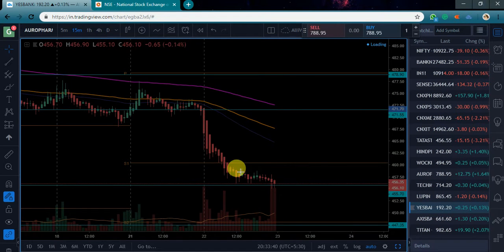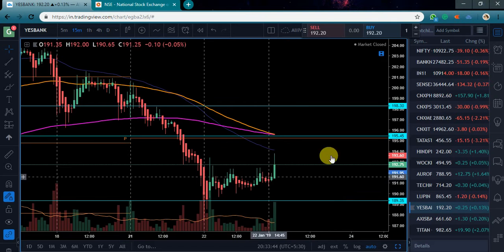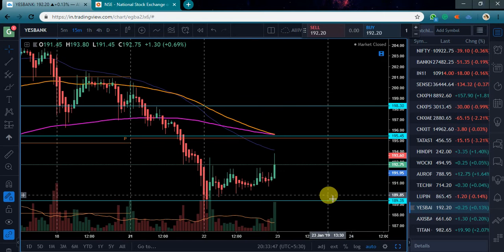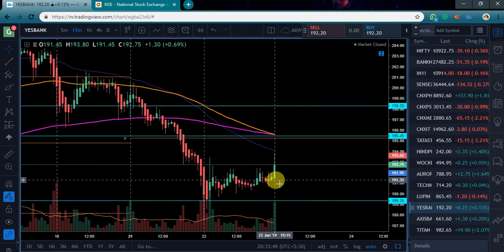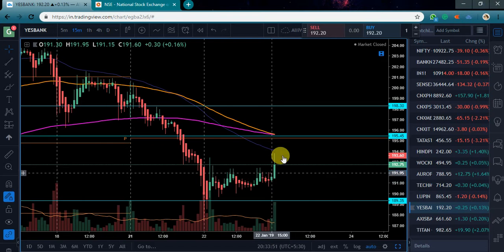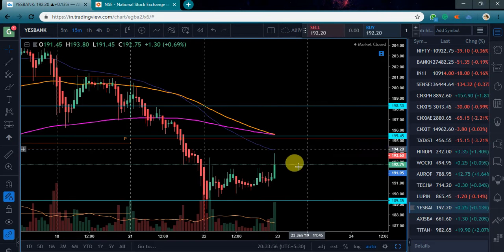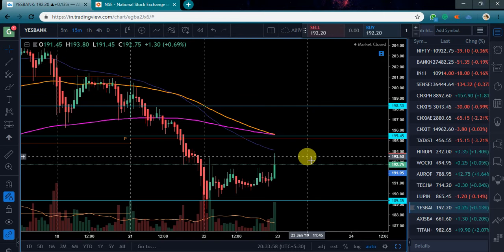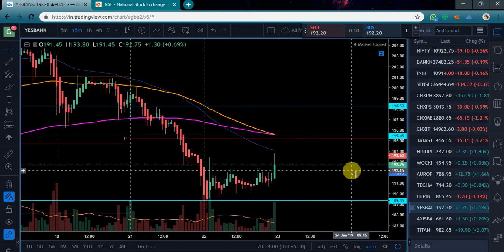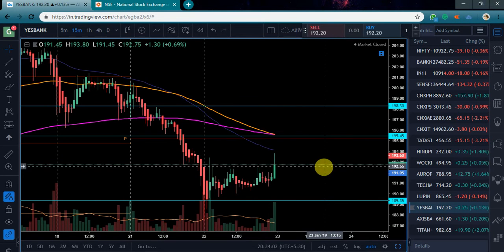Yes, let's talk about Yes Bank. See, you can see here a little bit towards upside, and I don't know how much the volume is today. So it will try to push up a little bit, and then hopefully tomorrow is good. Let's see how it's going to react.